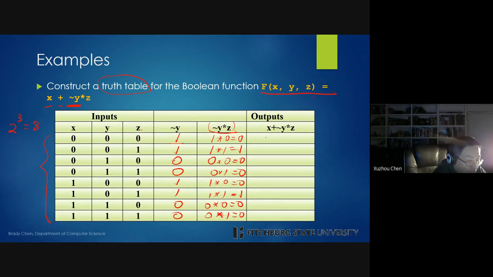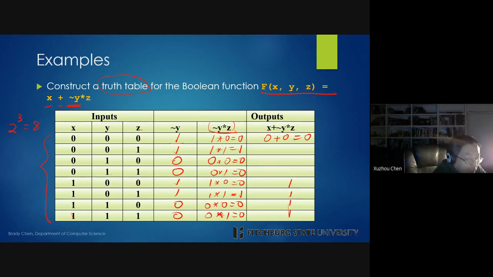So now x is 0, so plus 0, that's 0. Now in this case, if x is 1, then the result is always going to be 1, right? Because that's the nature of the OR operation. If one of the operands is 1, then the OR operation is going to give you the result 1.